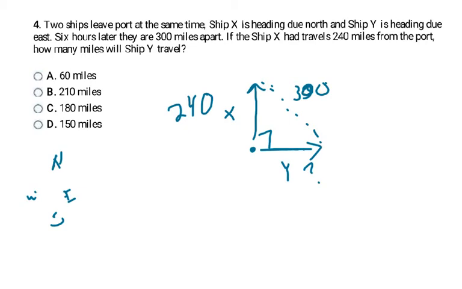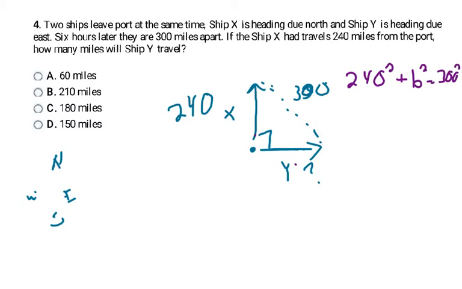So that means I'm going to use the Pythagorean theorem. So 240 and the Y, those are my legs, and 300 is my hypotenuse. So I'm going to have 240 squared plus b squared equals 300 squared.